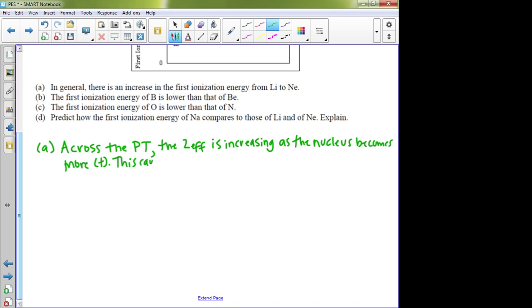This causes the electrons to be more attracted to the nucleus, which means my ionization energy increases.